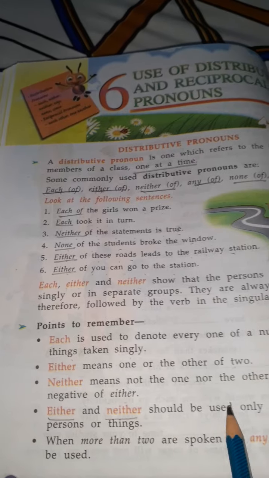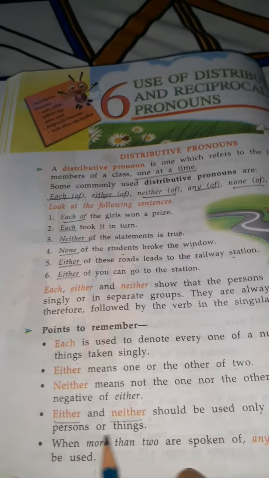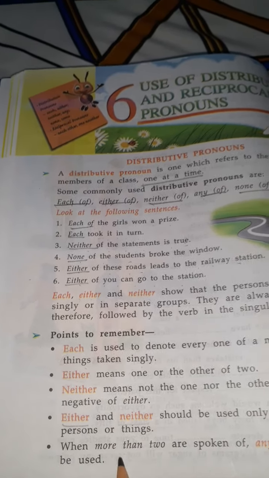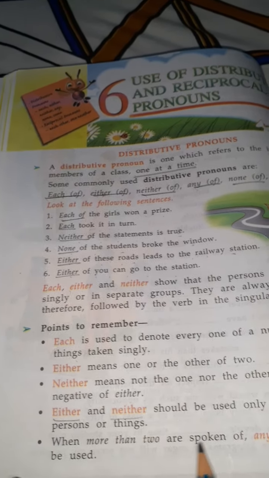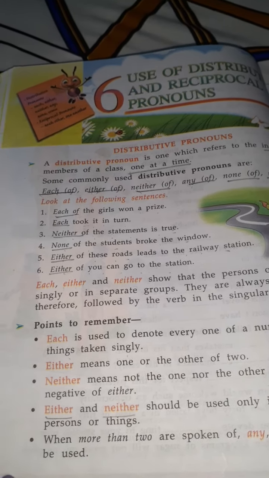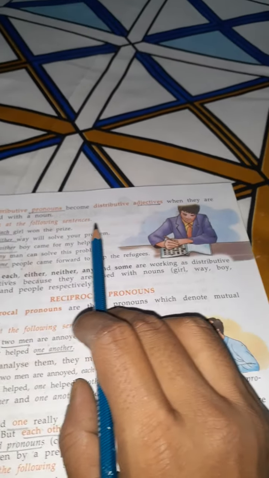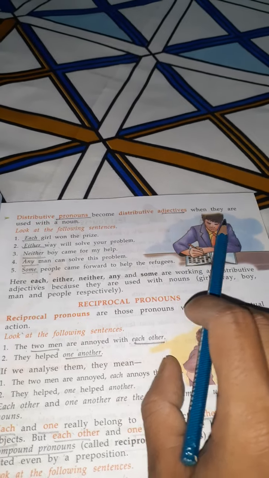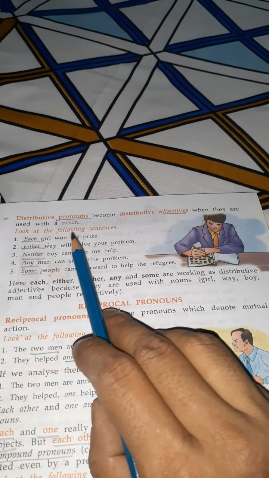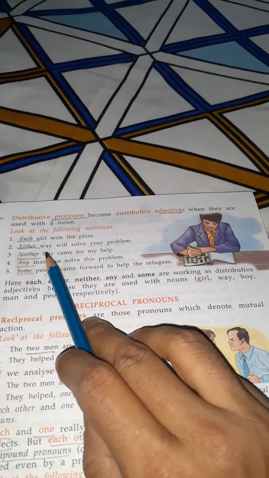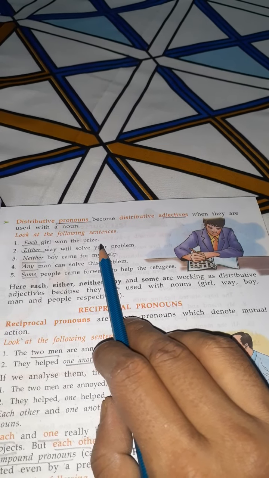Either and neither should be used only in speaking of two persons or things. When more than two are spoken of, any, no one, none should be used. Here, distributive pronouns become distributive adjectives when they are used with a noun. Look at the following sentences. Each girl owns a prize.